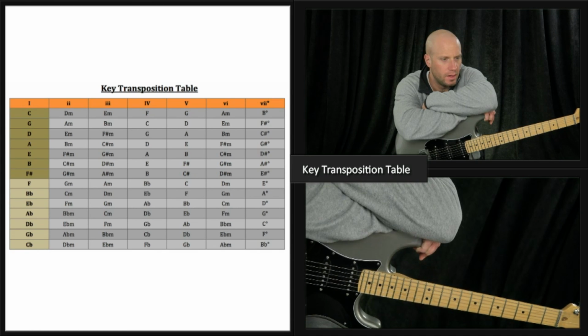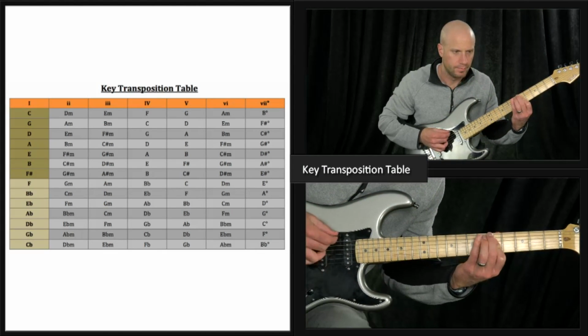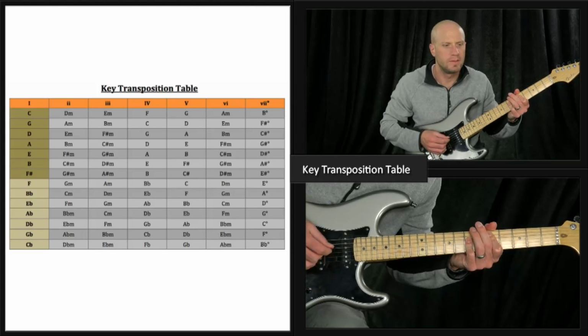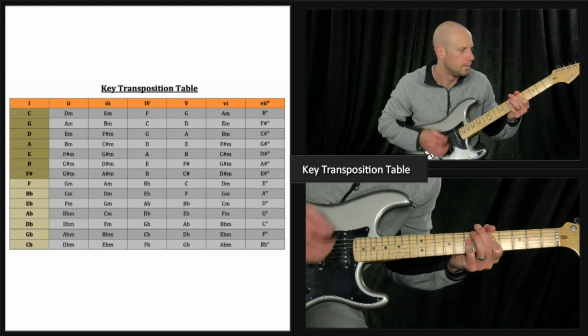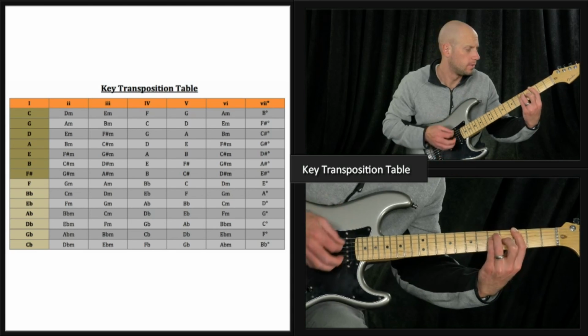So we would have A minor, D major, G, a whole step away from the root, G major.